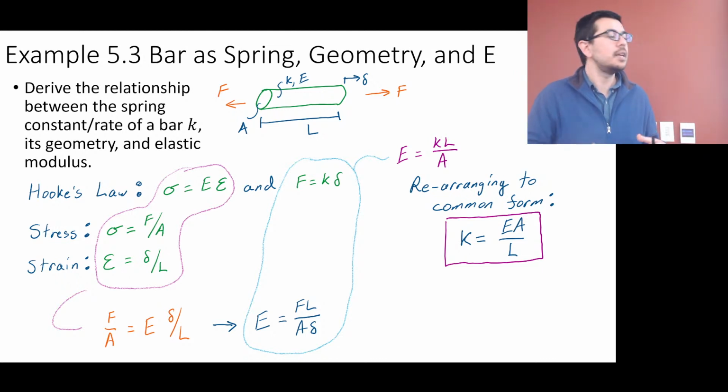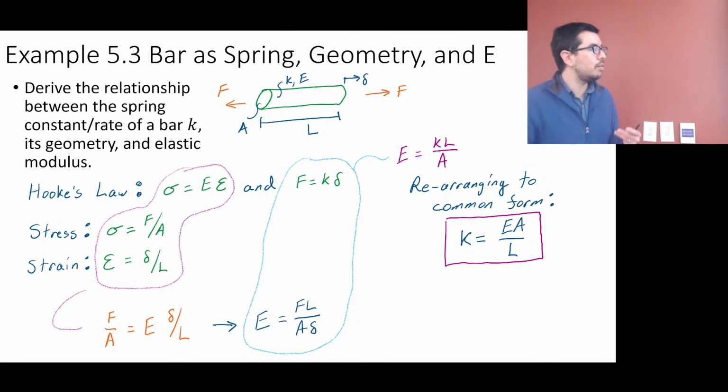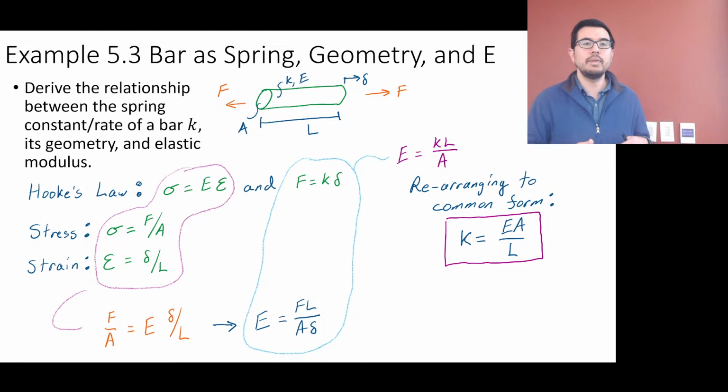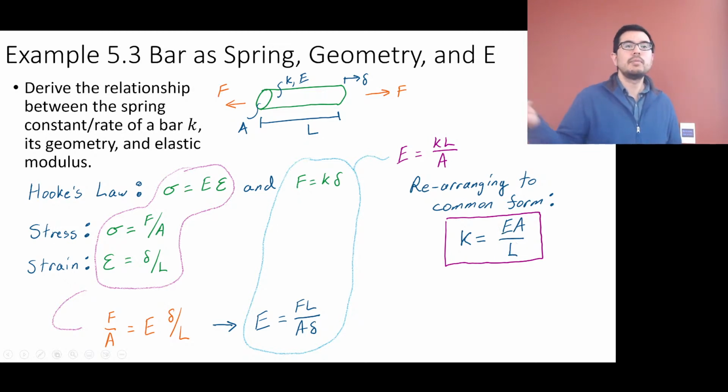Okay, that's the stress. Here, what we're talking about is stiffness. So how much displacement do we get when we apply a given load? Or how much force do we get, probably better said because it's K delta. So look, if you use a material that has a higher elastic modulus, you have a stiffer bar.